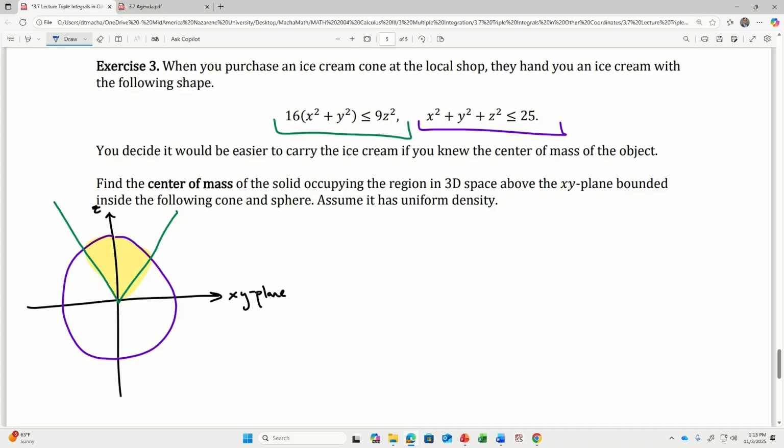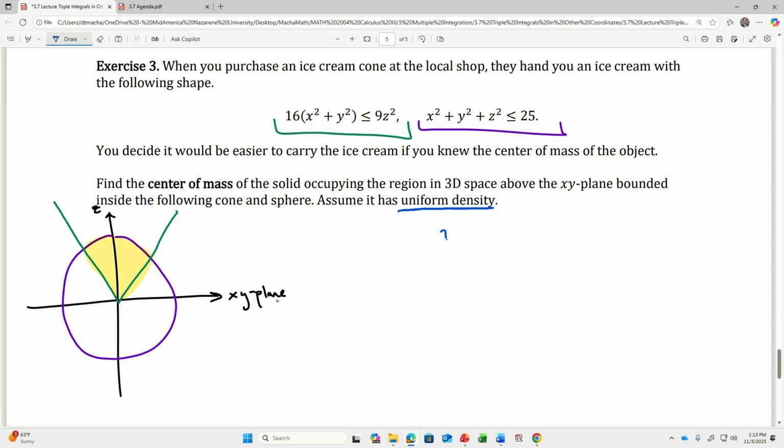It's supposed to have radial symmetry about the z-axis. So if this has uniform density, which it does, is the center of mass going to be on the z-axis? Yes. So I don't have to worry about the x-coordinate or the y-coordinate for my center of mass. I know those will both be 0 just from common sense reasoning.